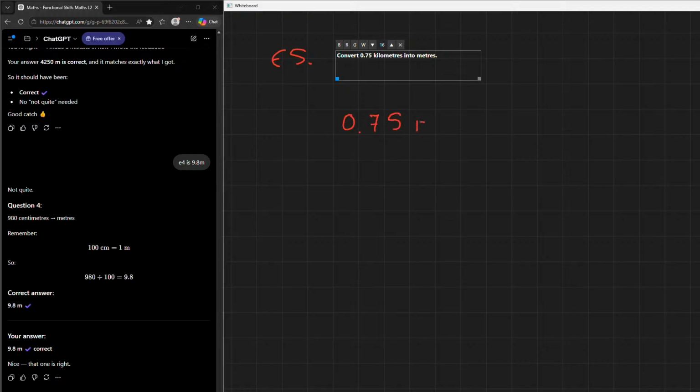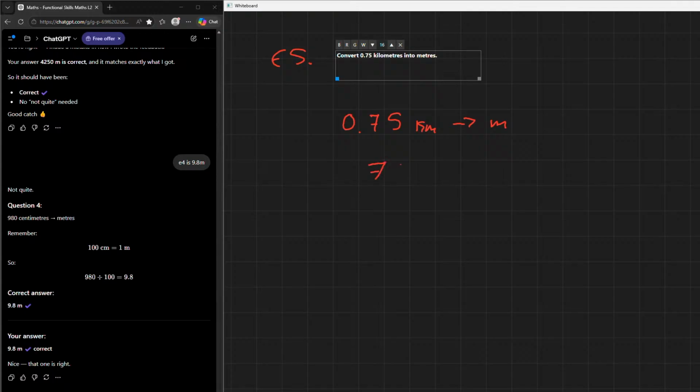0.75 kilometers to meters. So we go the other way around. So we multiply by 1,000.